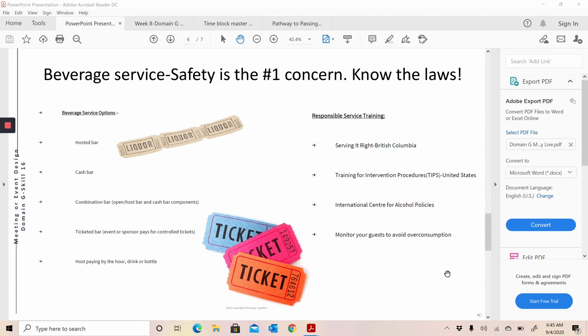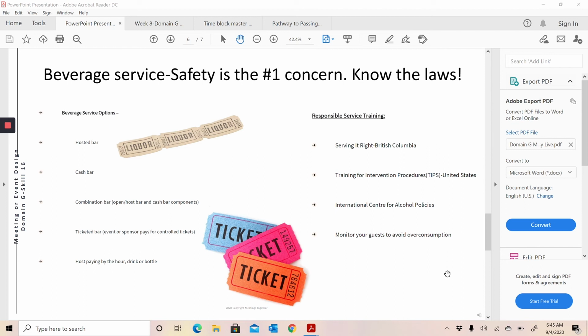And then host paying by the hour, or by the drink, or by the bottle. And then that gets a little bit trickier because it's not as controlled. So you want to make sure that it's in the budget for estimating how much, and if you know your demographics and you know your group and your history, then it might be okay to do, not as risky.